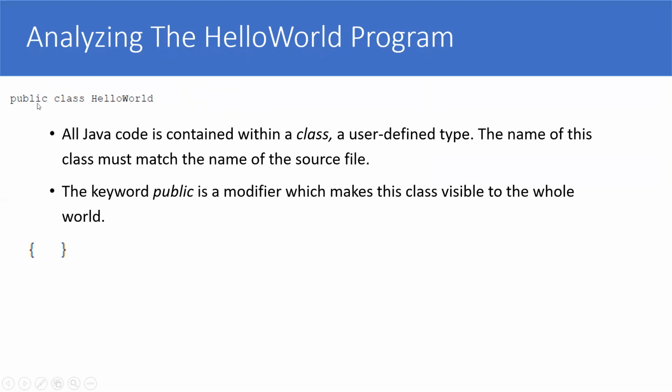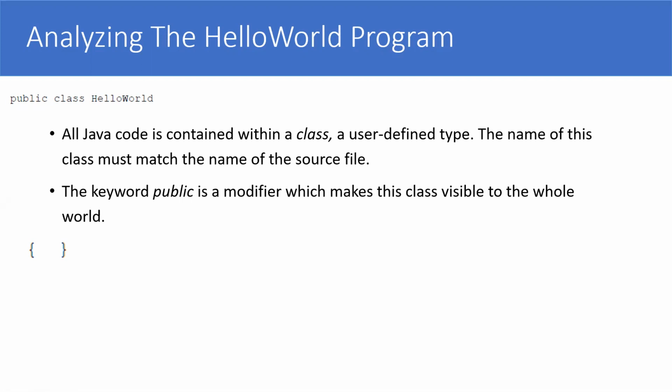It's a modifier which makes this class visible to the whole world. Java source files can only have one public class, and it must, as I said, match the name of the file.